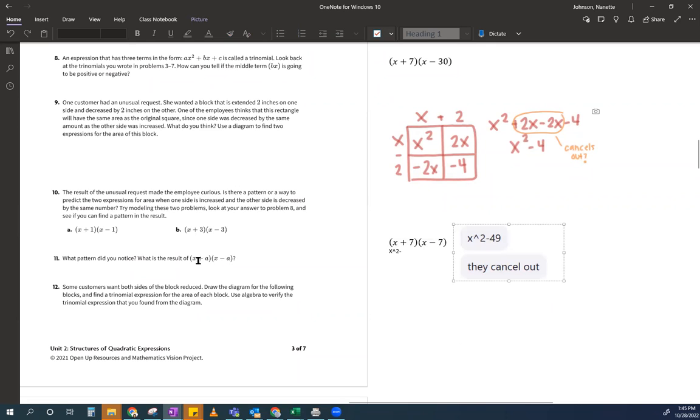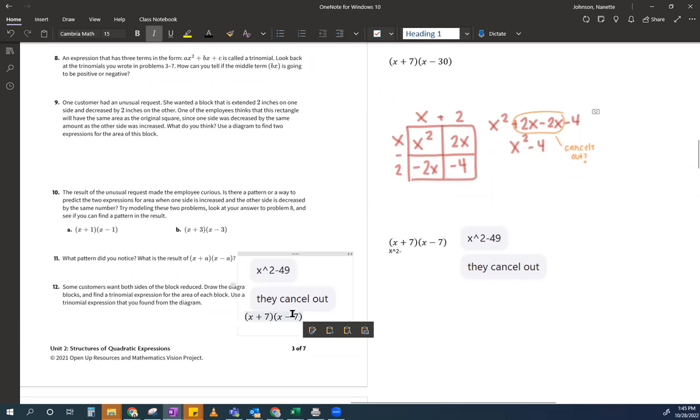So this pattern here, I know this is going to be a stretch, but let's try this. What's x times x? Well, that would be x squared, right? And can you imagine these two terms right here canceling out?